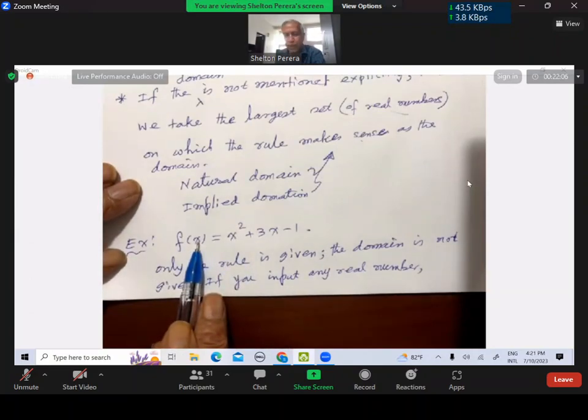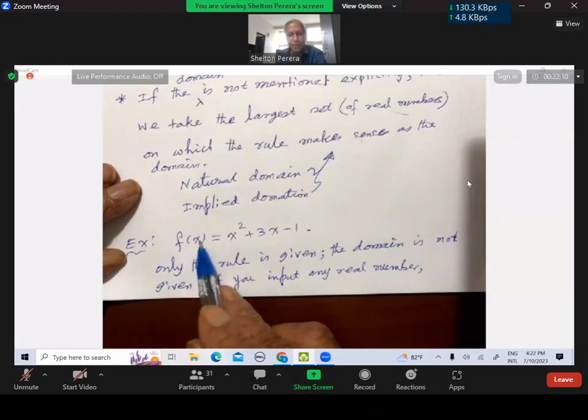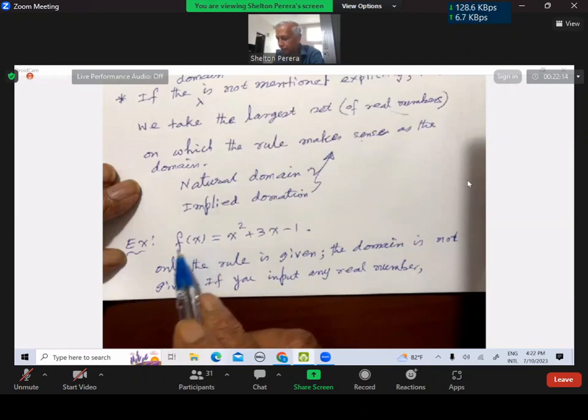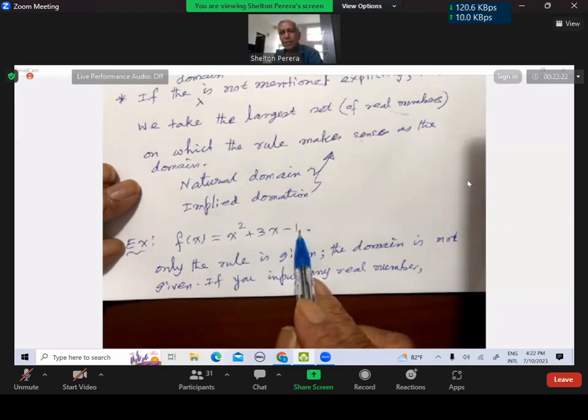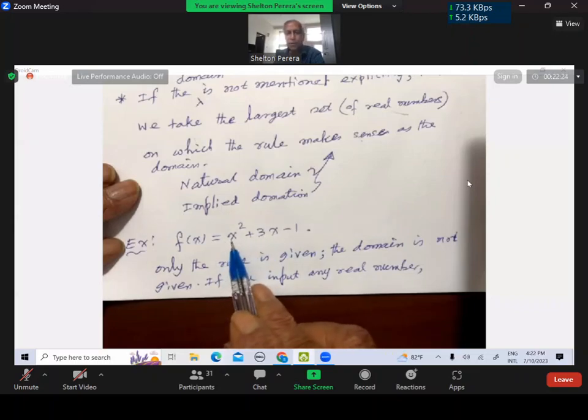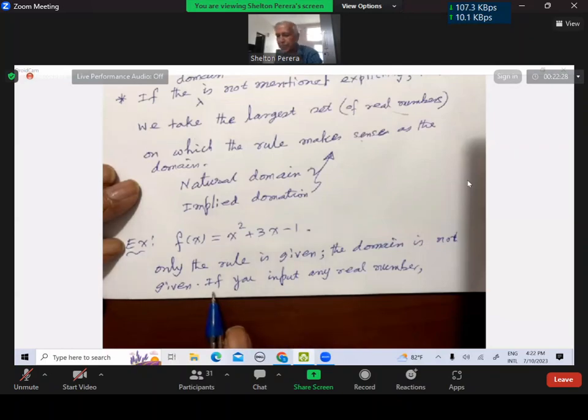Say input 5, f of 5. I told you this bracket is not multiplication, we read it as f of x. If you input 5, f of 5 is 5 squared plus 3 times 5, 15, minus 1. 5 squared is 25 plus 15, 40, minus 1, 39.